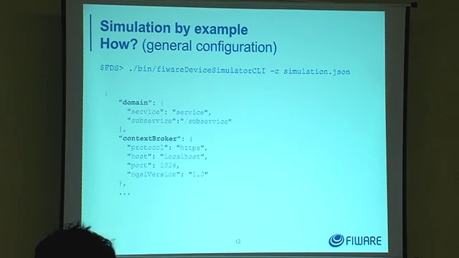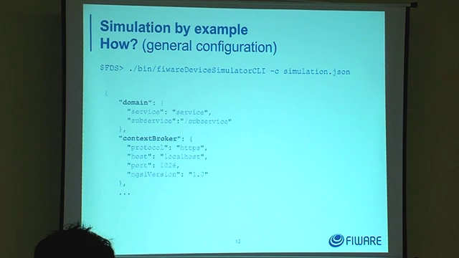As you can see, typically you specify the host, the port, and the protocol, also the NGSI version. As I said before, we support NGSI versions 1.0 and 2.0 to communicate with the context broker.